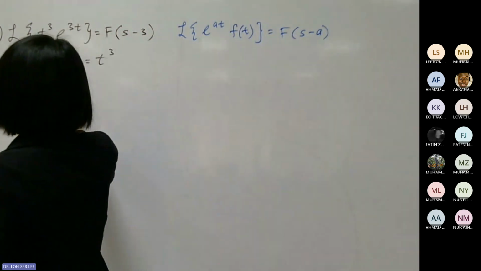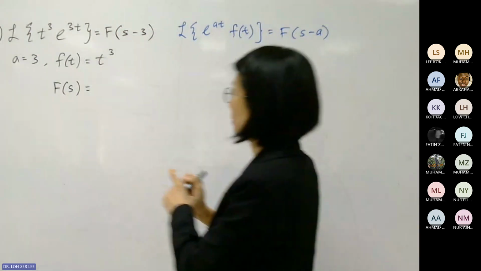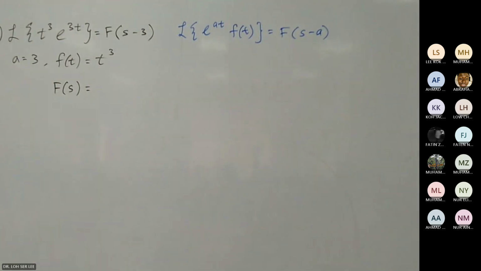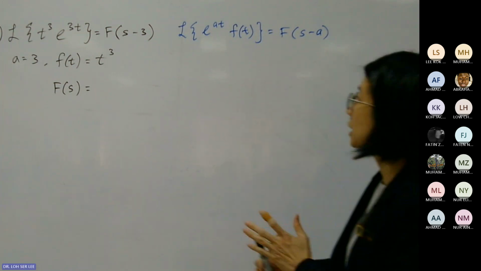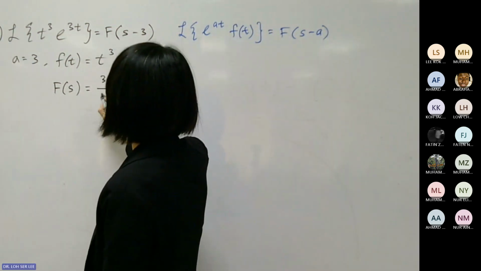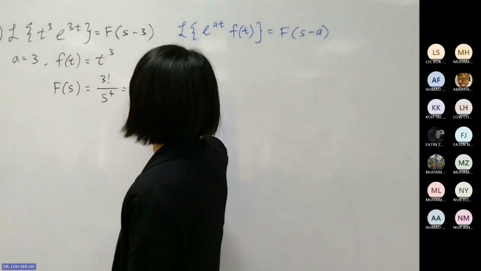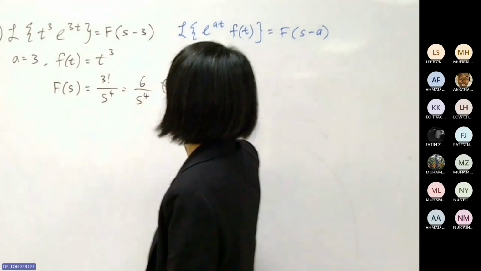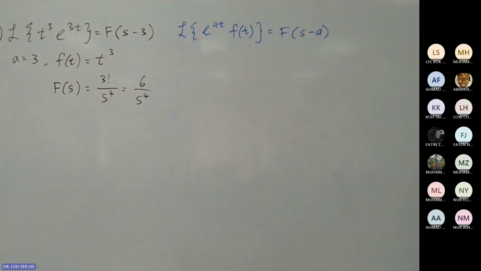Then Laplace transform. Okay, t cubed is 3 factorial over s^4, which is 6 over s^4.